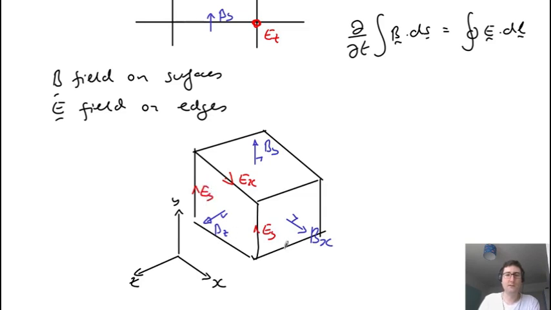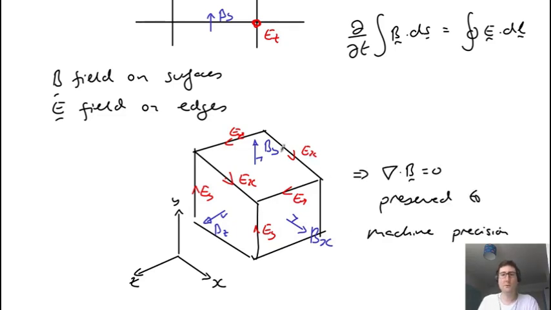And then Ez of course is also on here, so Ez is over here. And Ex. So now if we need to calculate, say, By on this top surface, we can integrate the electric field along these lines, the edges, to get the integral, and then this gives us the change in flux through the surface. And because you use the same values of E for calculating each of these surfaces, the divergence of B is conserved at least to machine precision.